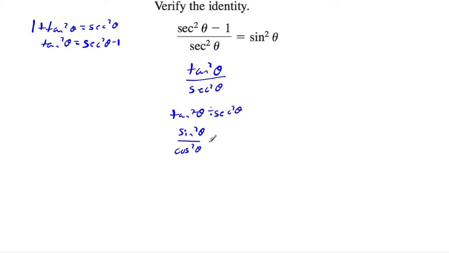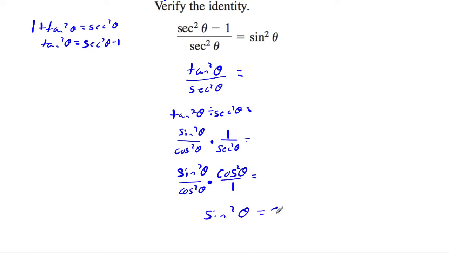And this is times 1 over secant squared of theta. So I have sine squared of theta over cosine squared of theta, and I'm going to multiply, because 1 over secant squared of theta is cosine squared of theta. The cosine squared of thetas cancel out, and so I'm left with sine squared of theta equals sine squared of theta. Done.